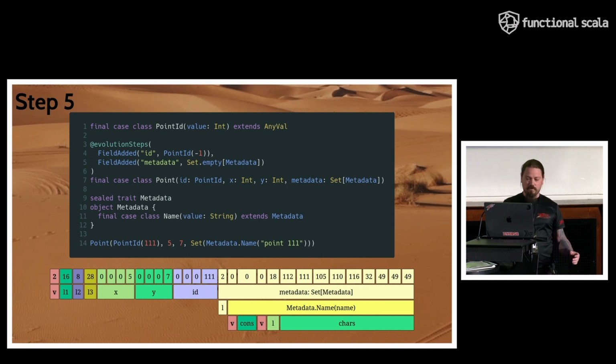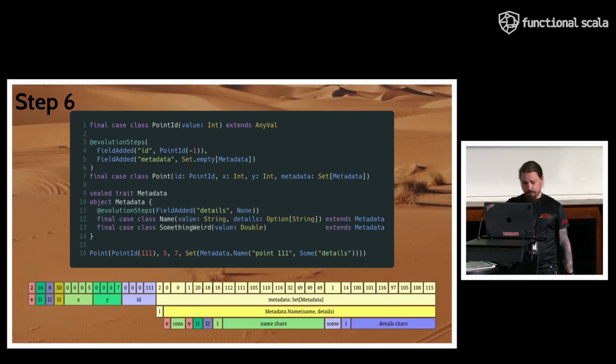So when it's saving a list, it's basically a sequence of option elements. The two things are completely compatible. So you can read a serialized list as a set, or you can read a serialized set as a list, and so on. So step 5 is still compatible with everything that we've seen so far.